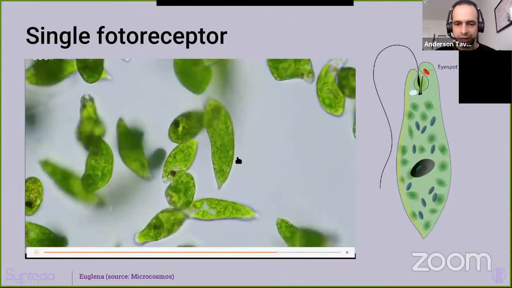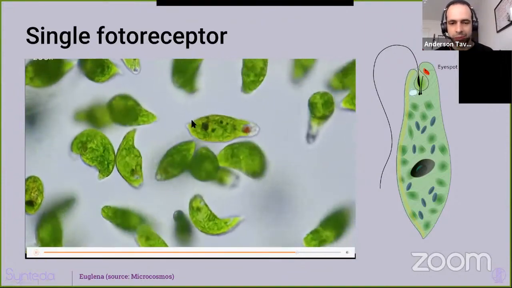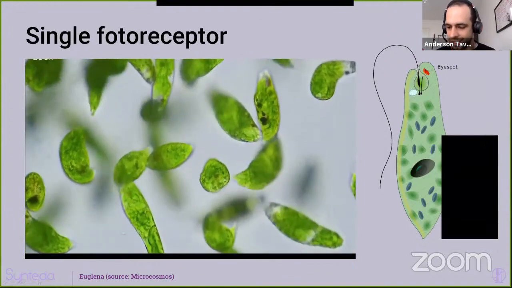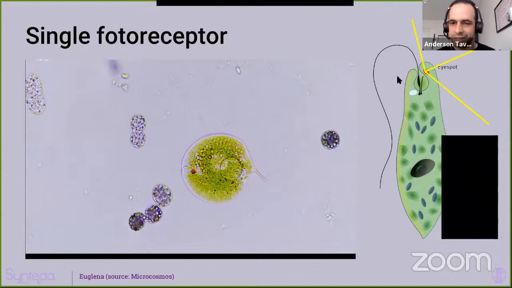But the euglena has a problem. The light can come from different directions, so it's not possible to see where the light comes from.